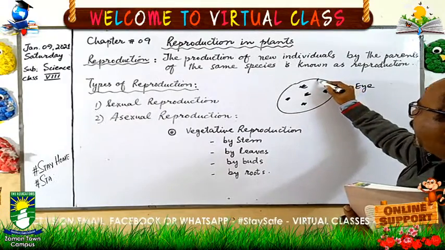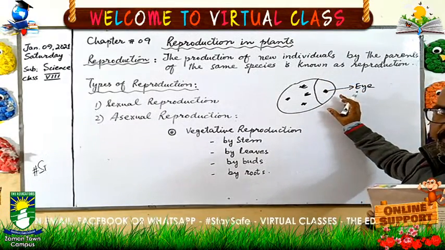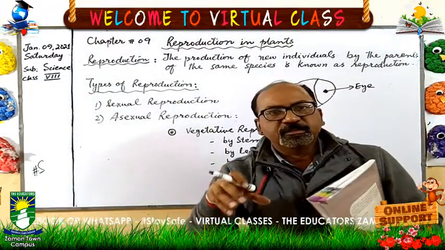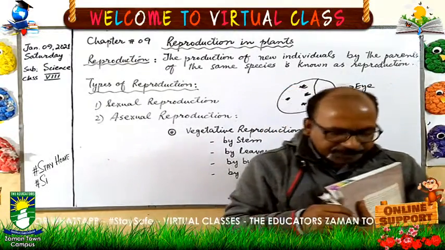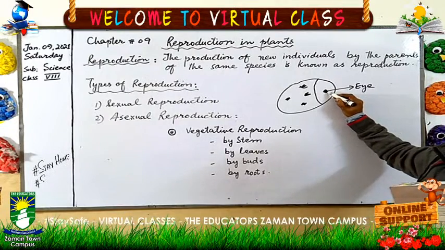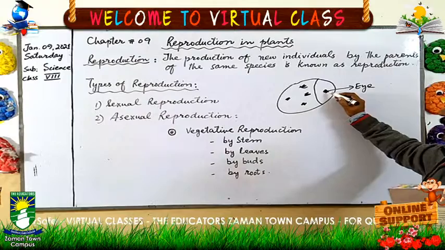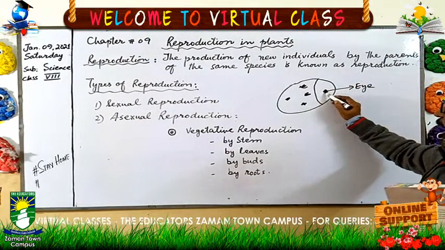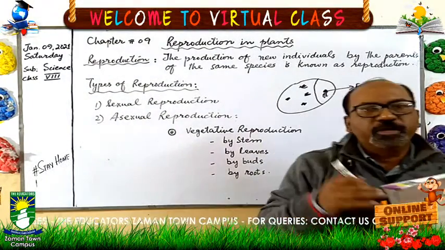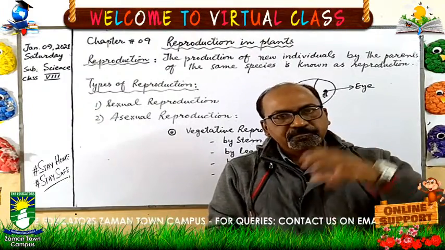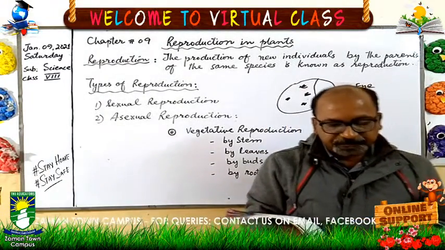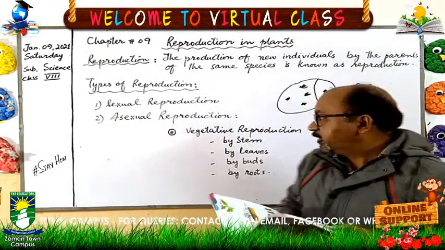If you take a piece of potato which has at least one eye, you just grow this in fertile soil, and new leaves arise from this point. This is the eye, and the new plant arises from here, and it grows roots as well, and these roots go down into the soil. So potato is an example of vegetative reproduction by stem.